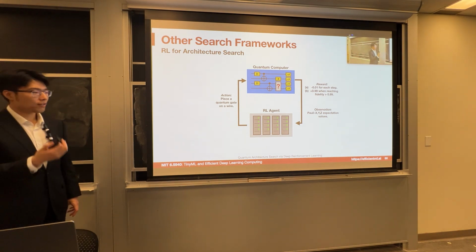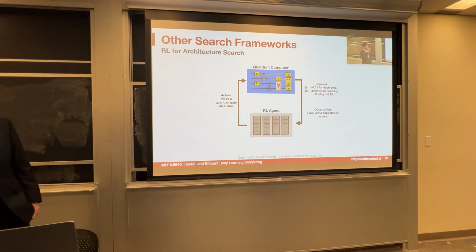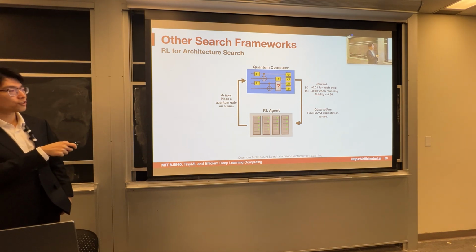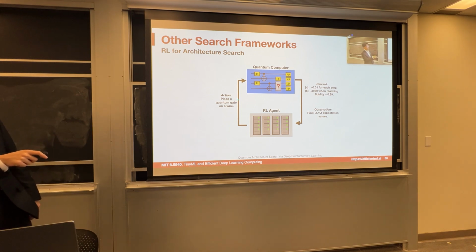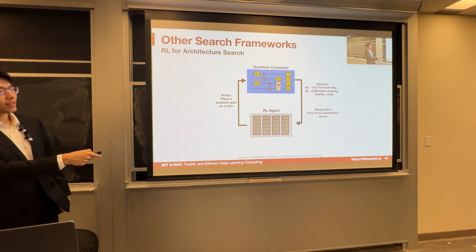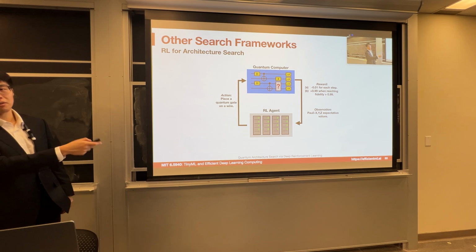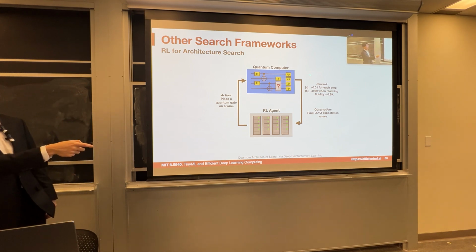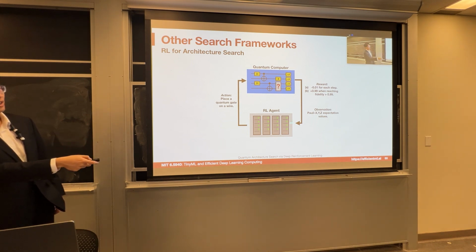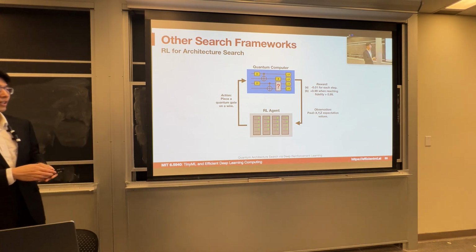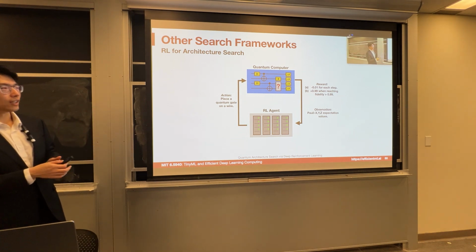And also some other frameworks are not using the super circuit based approach, but they are using some reinforcement learning to do the search. That's also doable. So say the action is to increase the circuit structure one gate at a time. The RL agent will place a quantum gate on an arbitrary or on a decided qubit, and then the reward will be generated and returned to the RL agent to gradually grow the circuit structure and finally reach a good point.